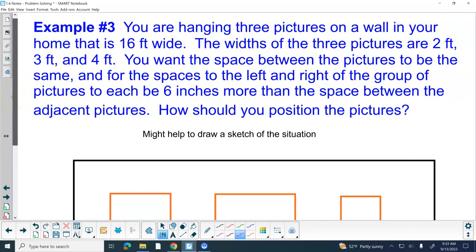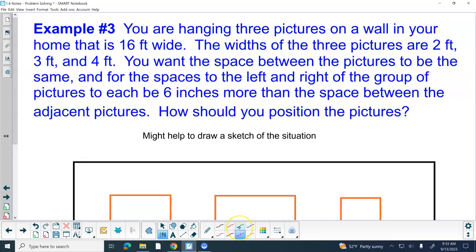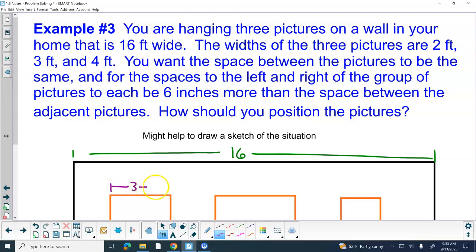So you know that this dimension here, from here all the way over to here, is 16 feet. The widths of the three pictures are 2, 3, and 4 feet. Does it matter what order they go in?